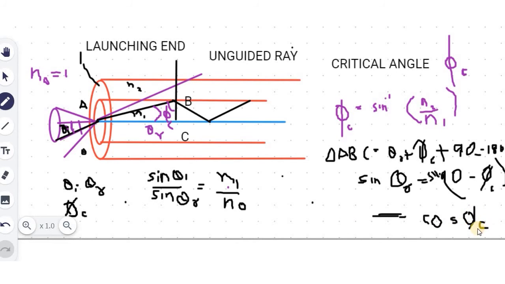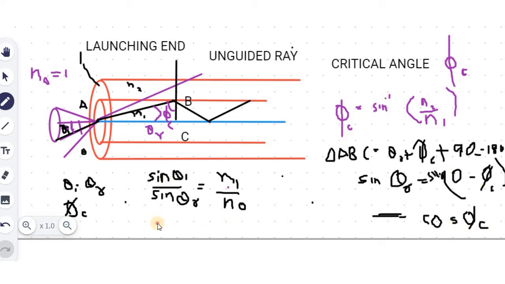From this equation, instead of sine theta r, I can write cos phi c.